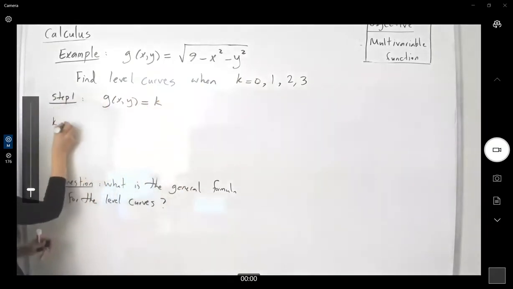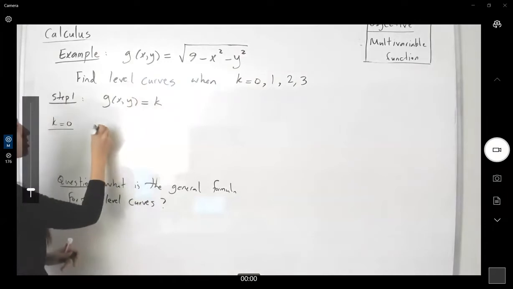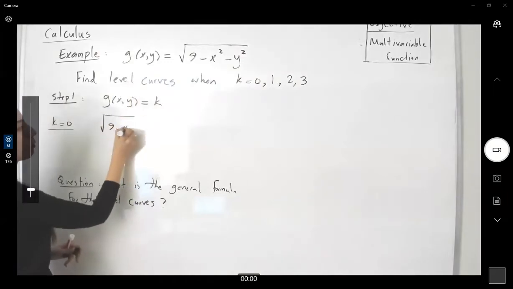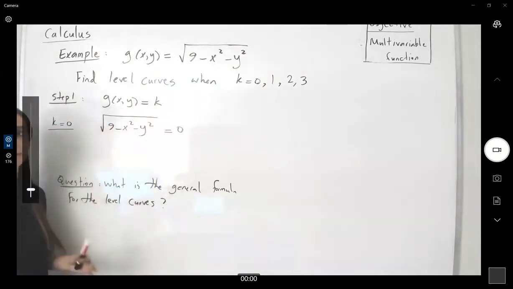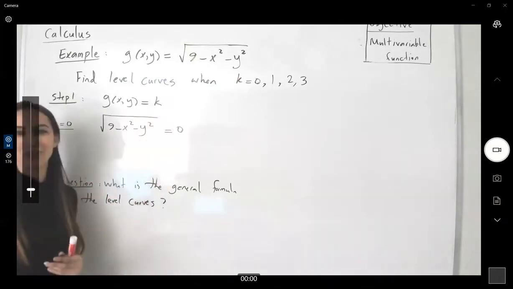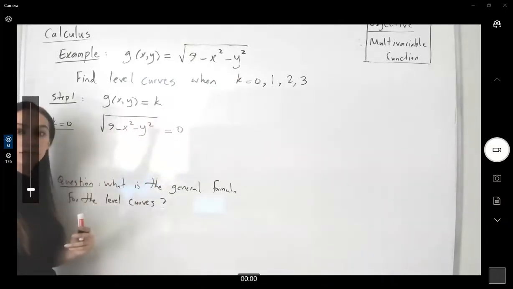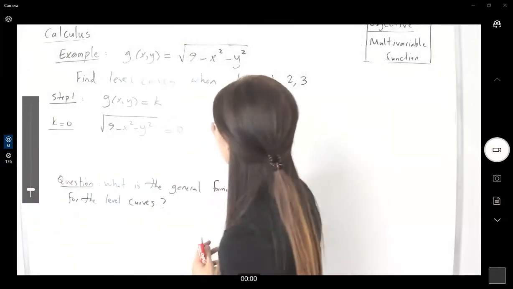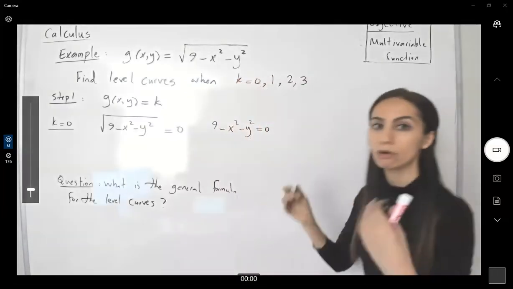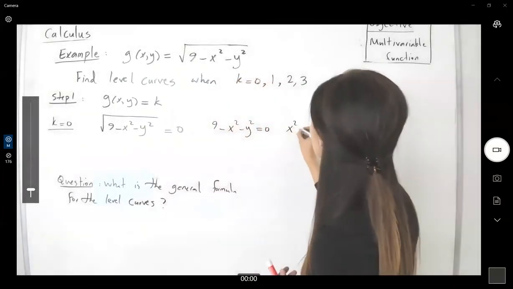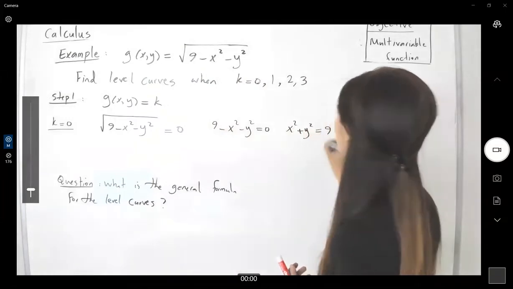So when k is equal to 0, it means that the square root of 9 minus x squared minus y squared must be 0. But we have to simplify this. We can raise both sides to the second power, and we get 9 minus x squared minus y squared equal to 0, or x squared plus y squared equals 9.